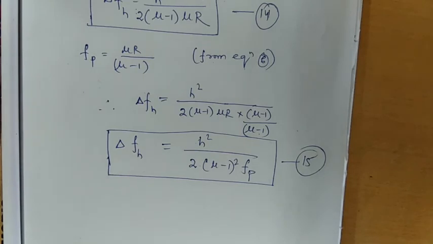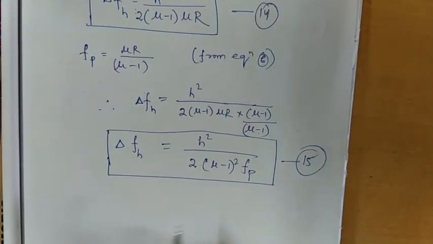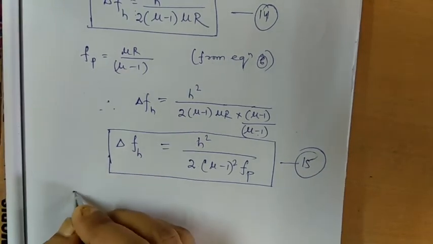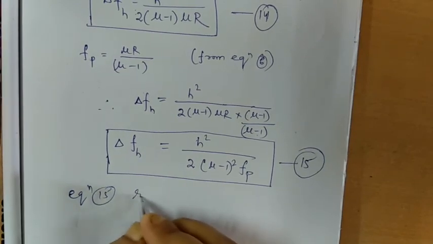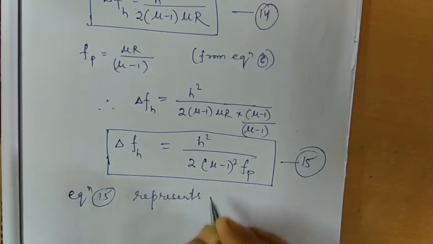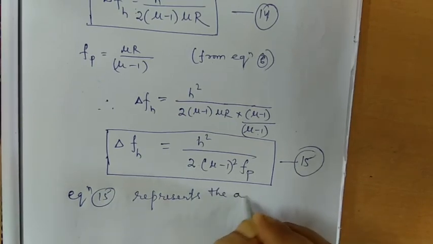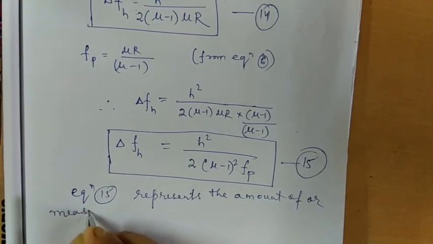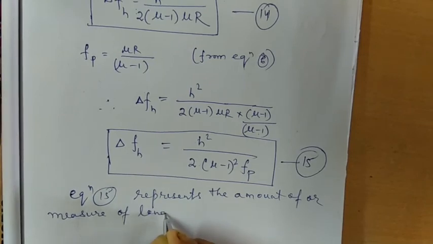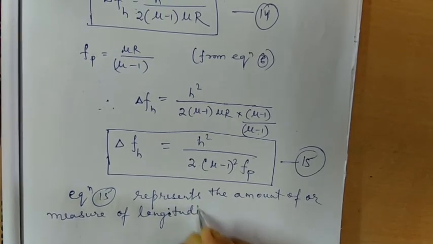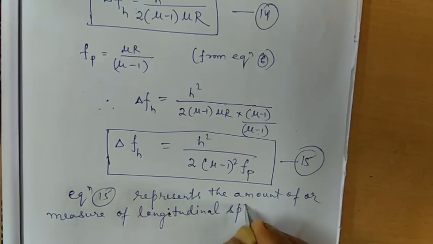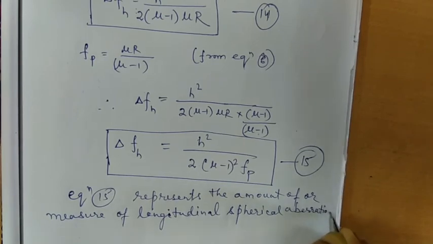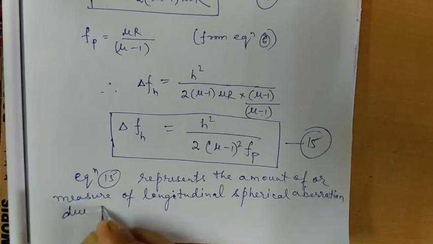So equation 15 represents the amount or a measure of axial or longitudinal spherical aberration due to the spherical surface.